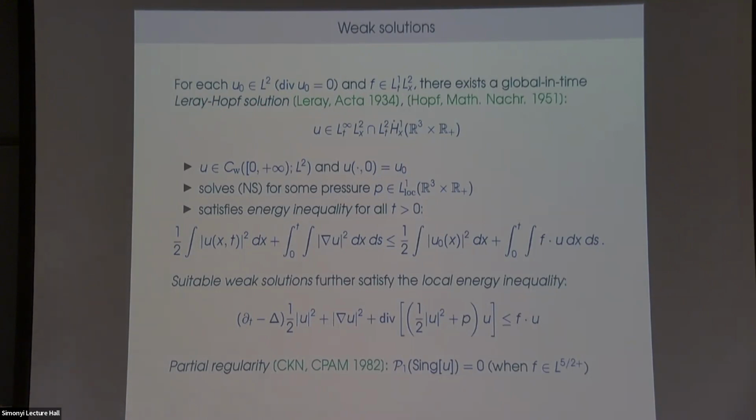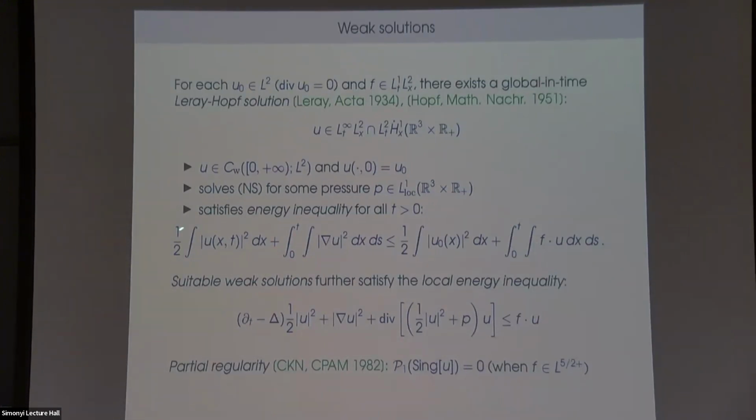It satisfies various conditions. One that I'll draw your attention to is this energy inequality. This says that the kinetic energy at time t plus all the energy we know has been dissipated through the viscosity, so you can incorporate a nu here, typically I'll rescale nu to 1, these energy quantities are controlled by the initial energy and the contributions of the force.